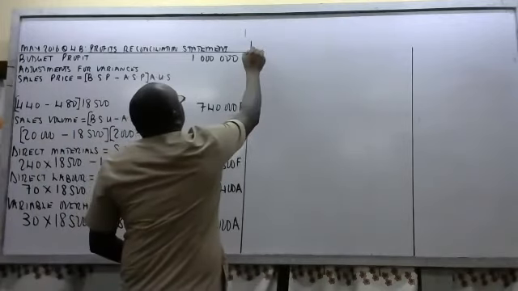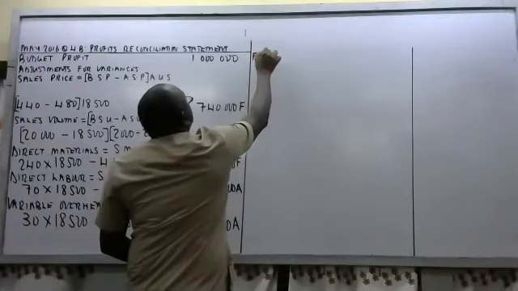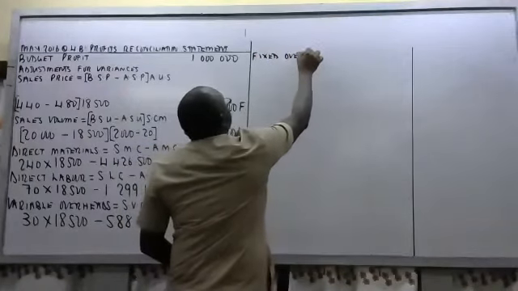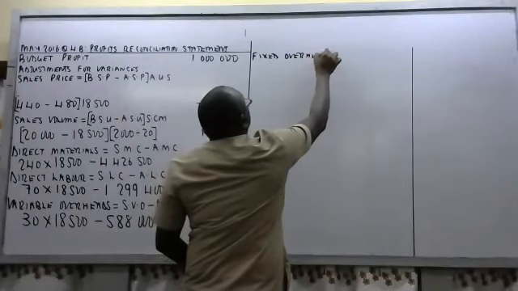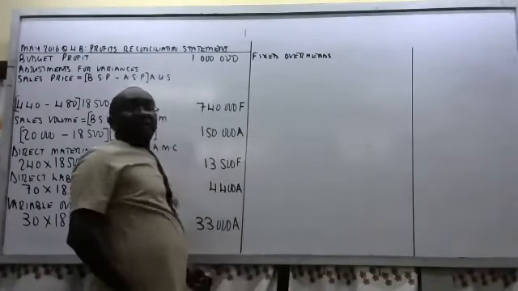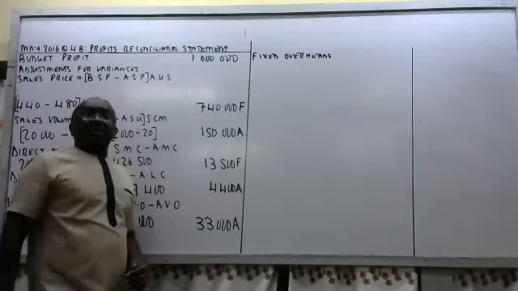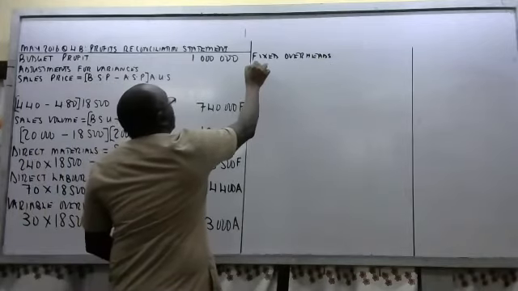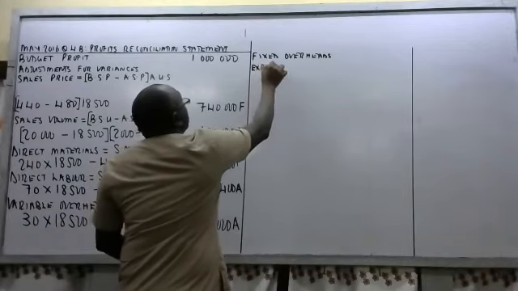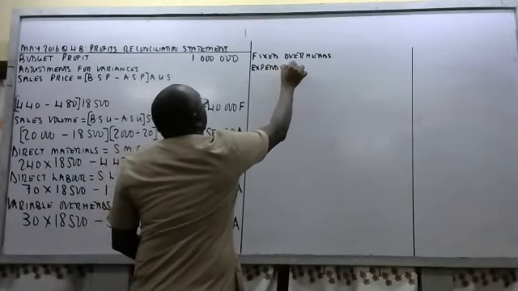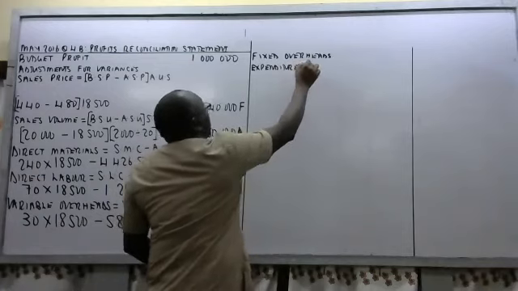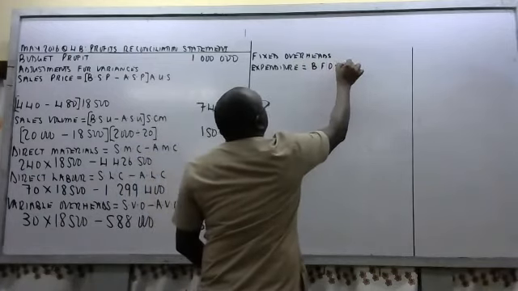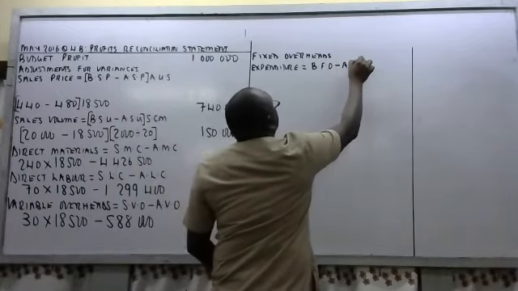Then we proceed to fixed overheads. For the fixed overheads, I told you we have two of them. The first one is called expenditure, and the expenditure is given as budget fixed overheads minus actual fixed overheads.